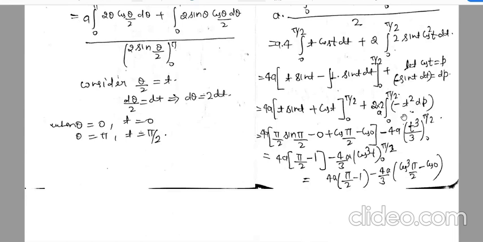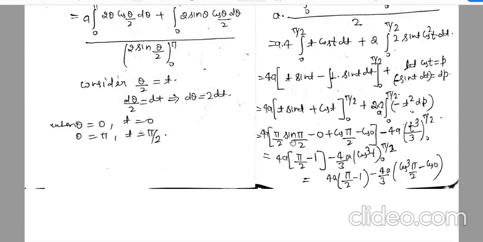This t square is not here, there will be a p square because we are considering cos t is equal to p. Now 4a, upper limit minus lower limit, so pi by 2 sin pi by 2 minus 0, plus cos pi by 2 minus cos 0, right? Minus 4a p cube upon 3, from 0 to pi by 2. Apply upper limit minus lower limit here also.